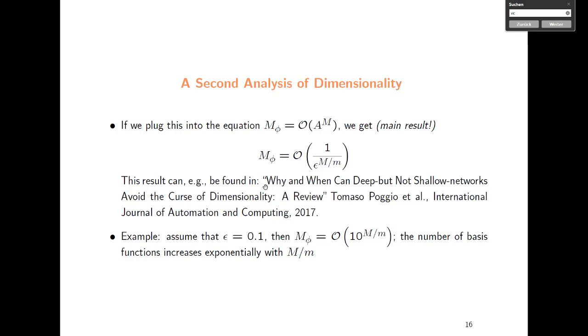So just to give you a feel, if epsilon is 0.1, then this becomes 10 to the power of M divided by m. So the number of required basis functions goes up exponentially with M, but if m is large, then this might not be so bad.